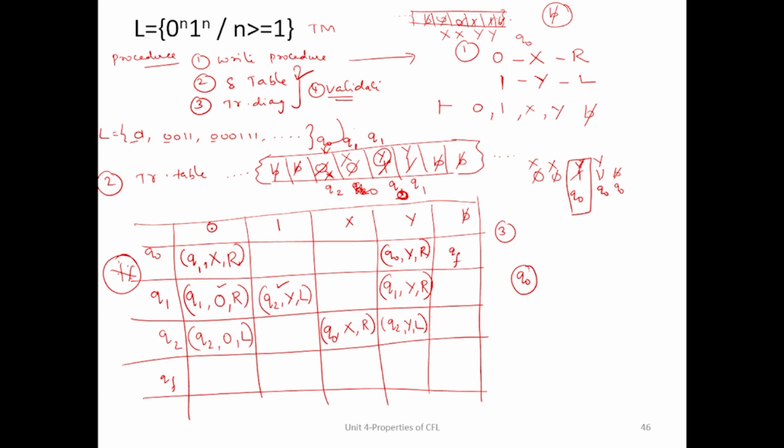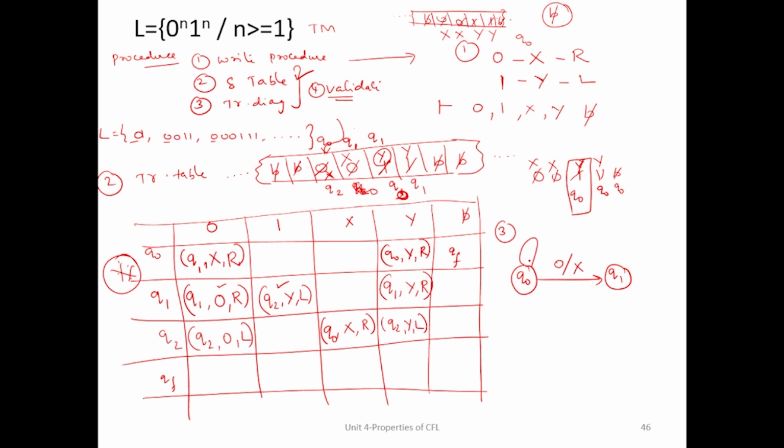So if Q0 reads 0, it goes to the Q1 state. So if it reads 0, it goes to the Q1 state, and 0 with the replacement symbol should be marked here. So the top one is the current symbol and the bottom layer represents the replacement symbol. Then from Q0 on Y, it stays in the same state.